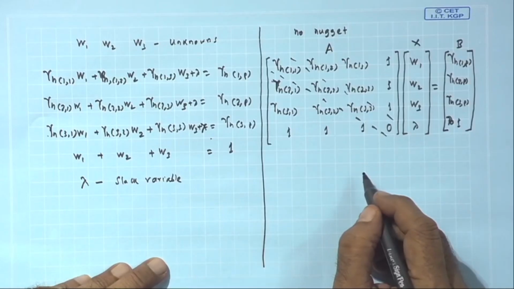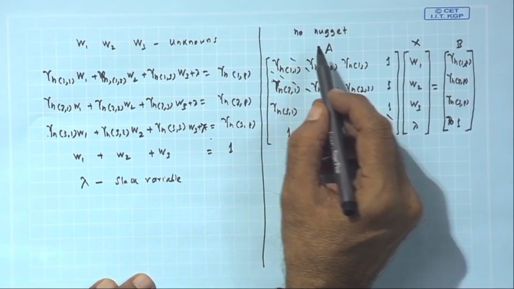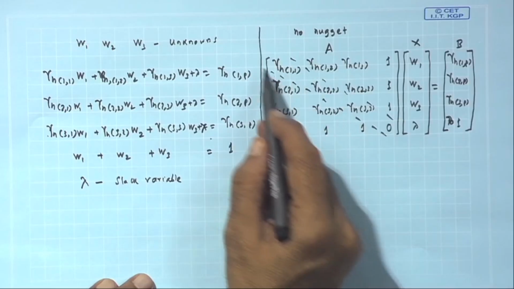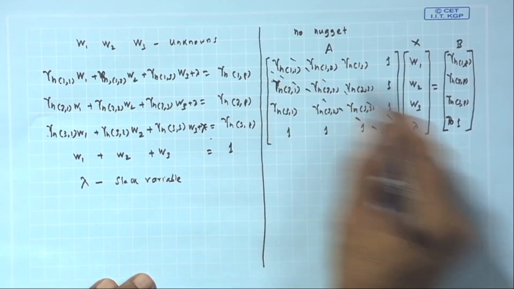So we can use our simple knowledge of matrix algebra and solve this. In case there is a nugget effect, this nugget effect is known, and these diagonal elements will all have the same value, and we can solve this.